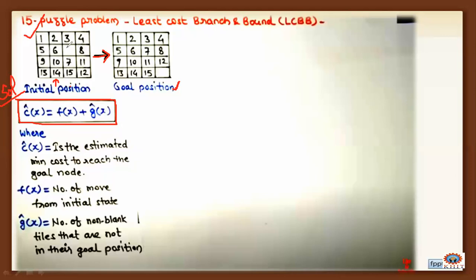How many moves are required, and each and every time we need to do only one move, that is upward, downward, right side or left side. So we need to consider any one of the moves only. Each and every time, the f of x value is only one value.